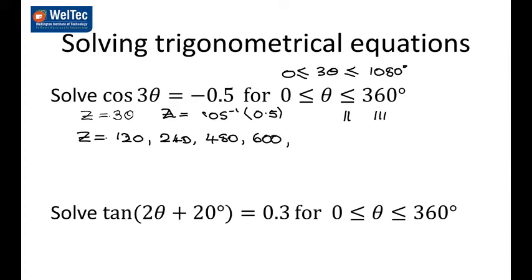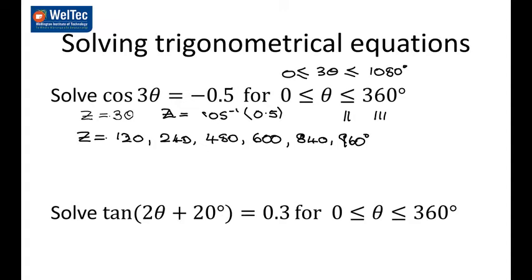And remembering that we can go all the way up to 1080, so we can add 360 again, and we'll get 840 and 960. Now if we add 360 again, then we get out of range. So that's as far as we can go.